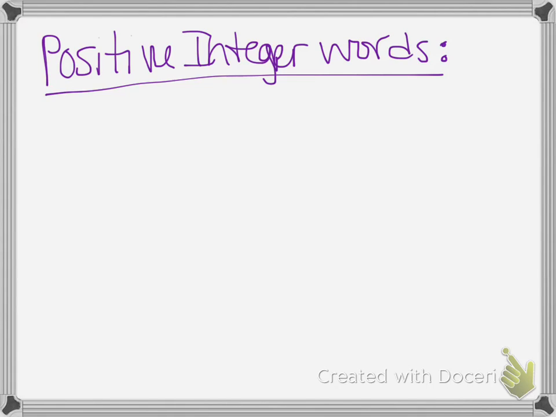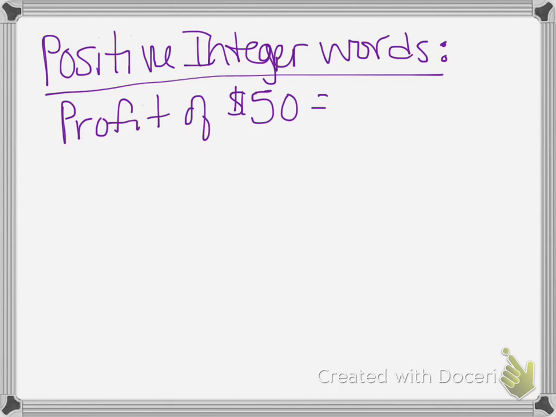We have maybe a profit. A profit means we've made money, a profit of $50. Well, I could represent that as a positive 50. You don't have to write the positive, but you can. If it's negative, we have to write the negative.